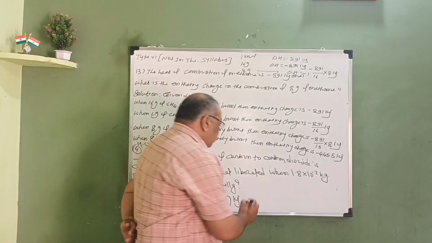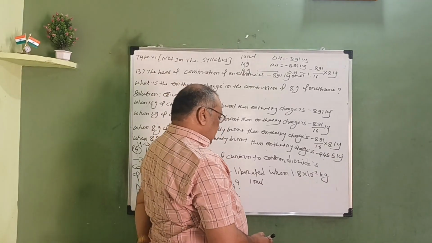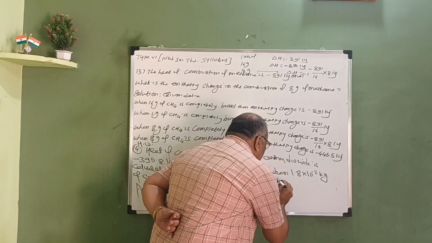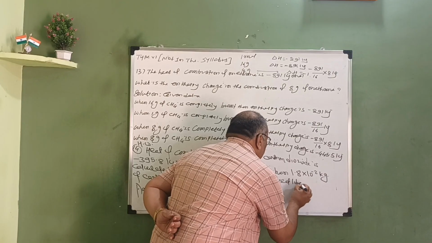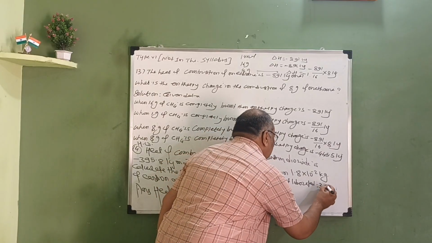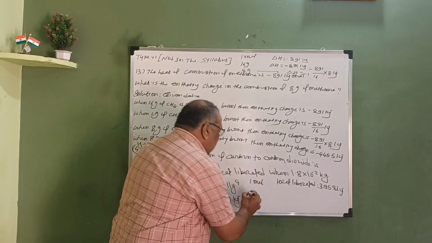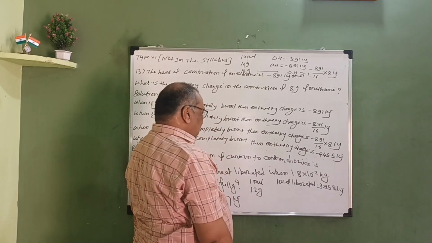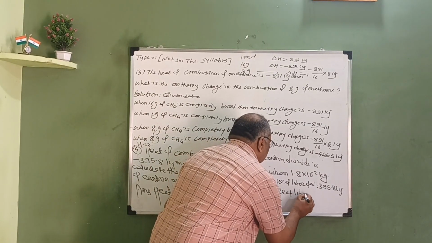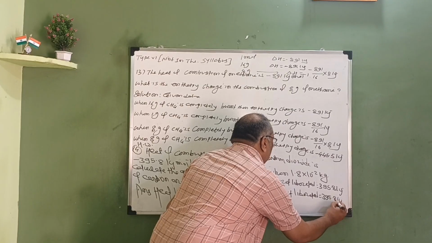That means here 1 mole of carbon on complete combustion, heat liberated equal to 395.8 kilojoule. 1 mole of carbon means how many gram? 12 gram. Heat liberated equal to 395.8 kilojoule.